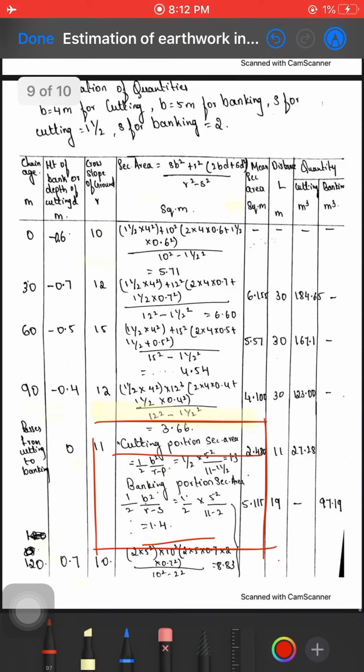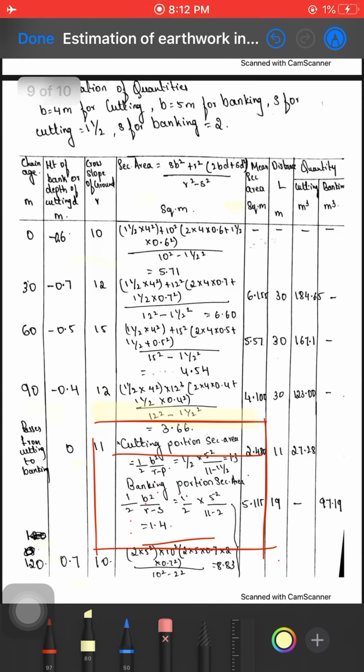After calculating the cross sectional area, similarly like the previous problem, we'll be calculating the mean sectional area. Now the mean sectional area will be 5.71 plus 6.60, you get mean sectional area 6.155. Then 6.60 plus 4.54 divided by 2, you get 5.57. 4.54 plus 3.66 divided by 2, you get 4.1.